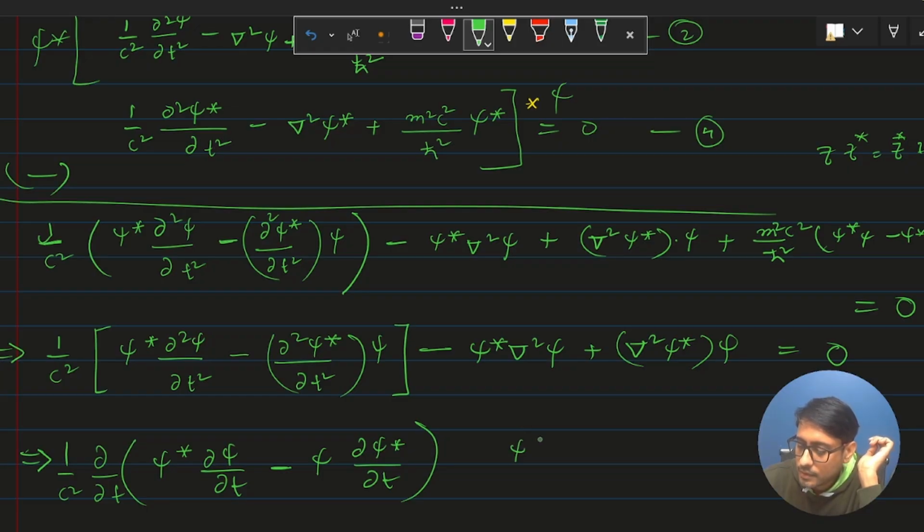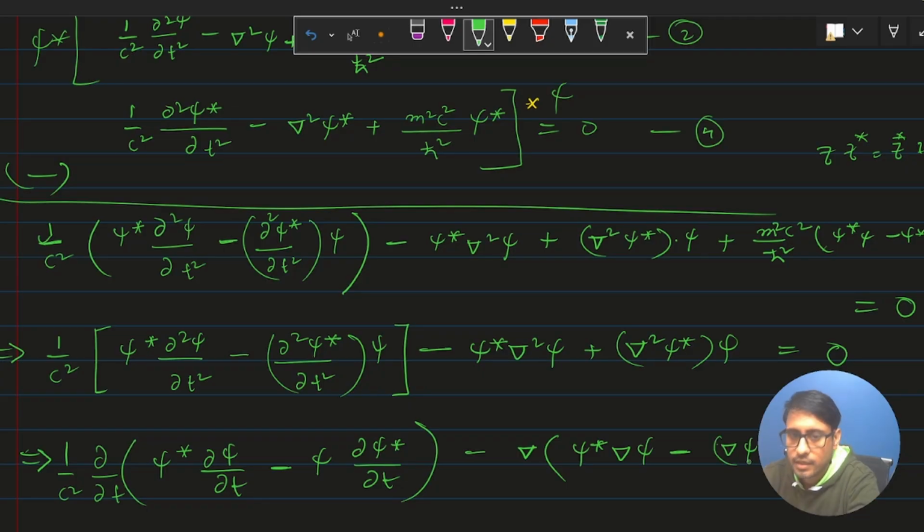So psi asterisk del. We can take out the del, the nabla term. It's doing the same thing here. Better, we can take the del term outside. Then we have psi asterisk del psi, and this with a minus sign because this is minus, del psi asterisk.